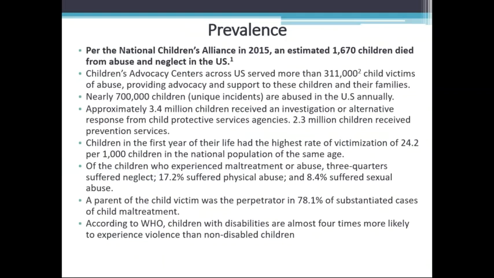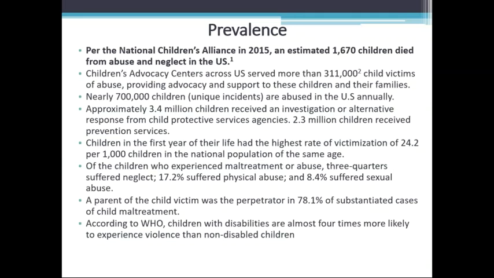So I'm not going to read through all of these stats. Again, this is just some resources for you guys. But per the National Children's Alliance, in 2015, it was estimated over 1,600 children died from abuse and neglect in the U.S. Children in the first year of their life had the highest rate of victimization, 24 per 1,000 children in the national population of the same age.